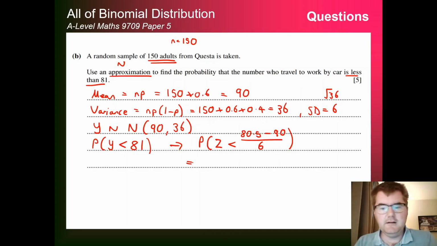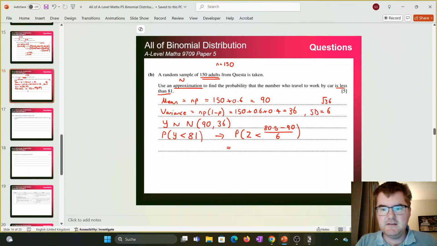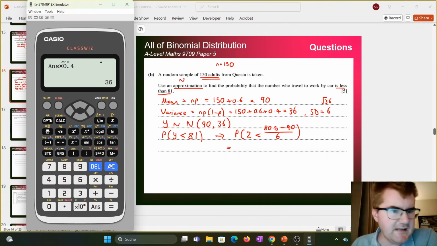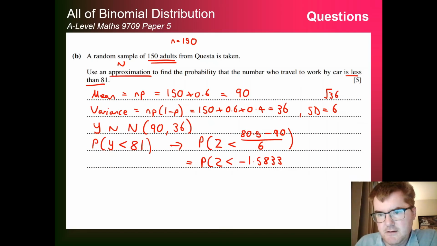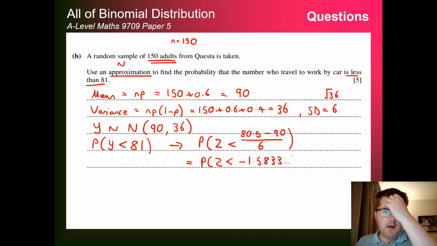Okay, so let's work out what our z-score looks like. It's going to be negative again, but it's less than, so that's going to make things probably a little bit easier. So 80.5 minus 90 divided by 6 gives us minus 1.5833... Okay, so we've got less than and minus.